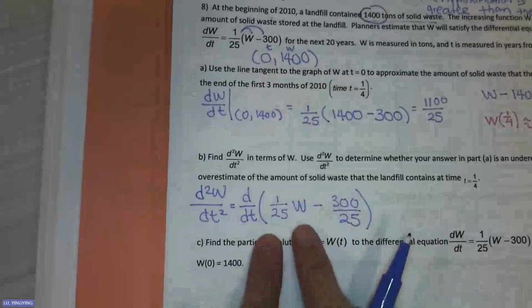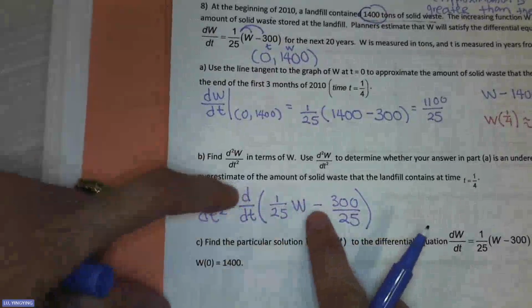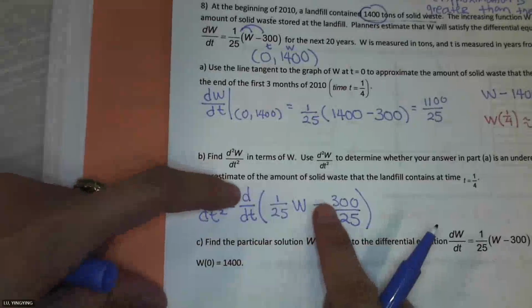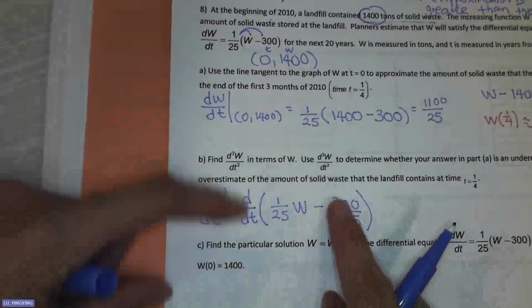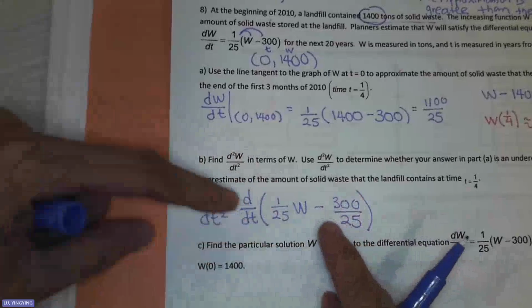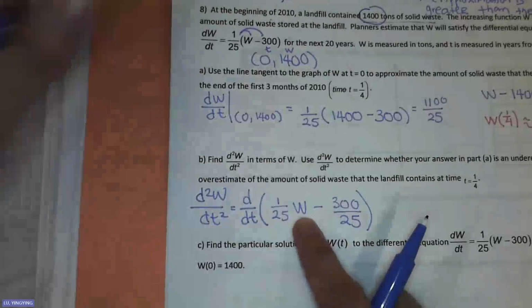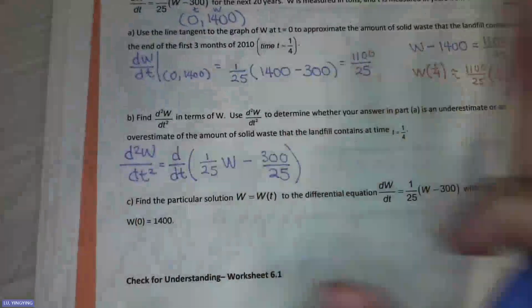So what is the derivative here, guys? It's 1 over 25 with a d what? We are taking the derivative with respect to t. So it's 1 over 25 dW/dt, right? It's the implicit differentiation. It's coming back.